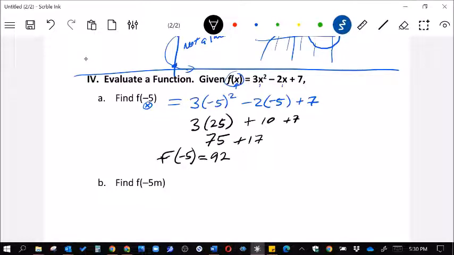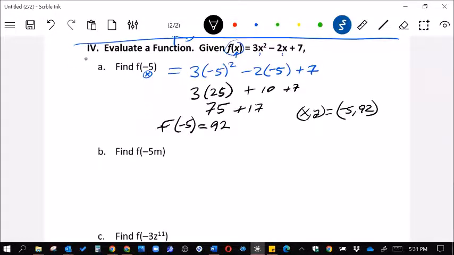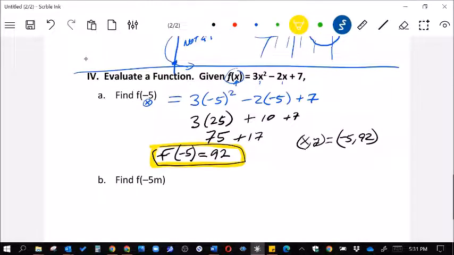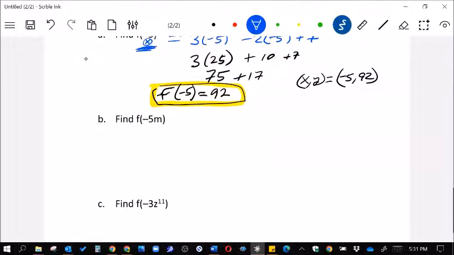Now if this was graphing it, that would mean that just like it has an x, y, this was negative 5 and 92, and you could actually put that on the graph as a point, and then do, say, negative 4 and 0 and 2 and 3 like that, and you get the graph. But this is what we put as the answer. Notice that I did not do any calculations with this side. You're not supposed to. It's just simply put the things in on the other side.